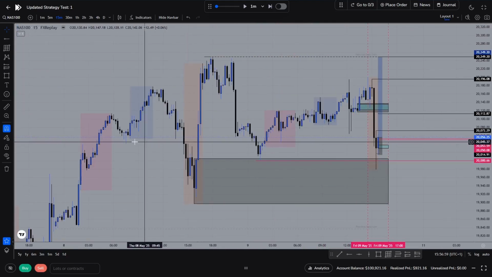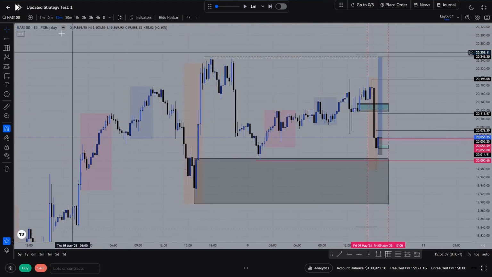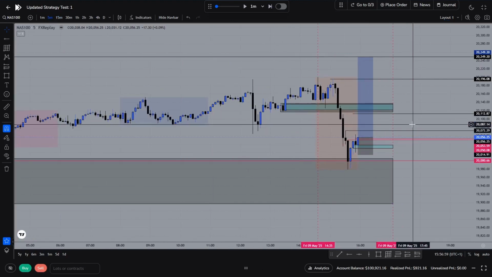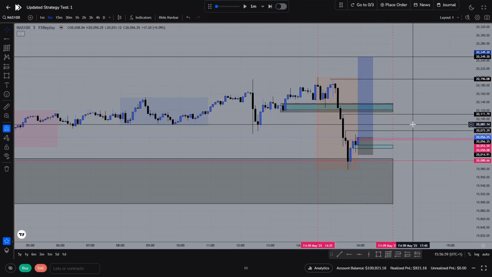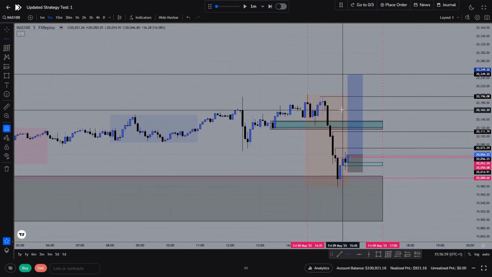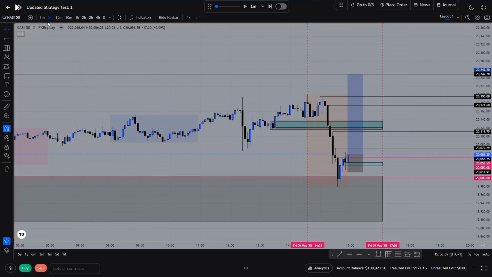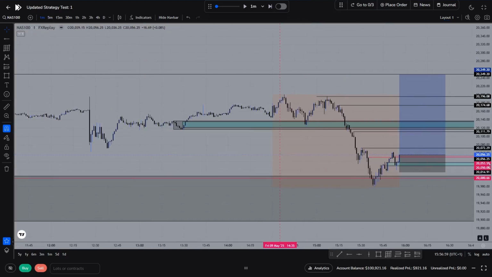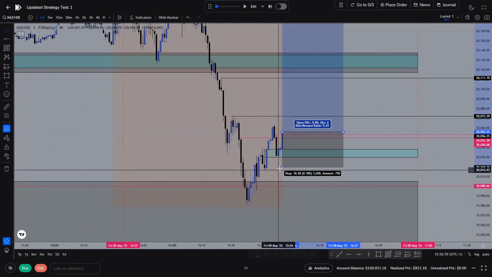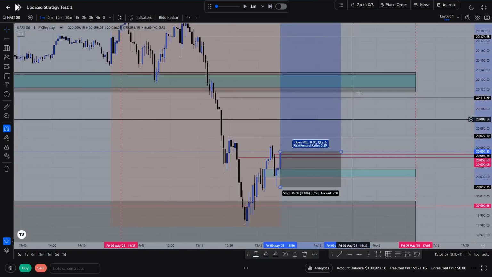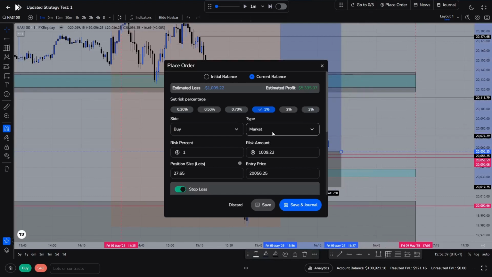The question is, are we sure it's a reversal of this? 5 minute. And there. 1 minute. I could put stops there. Base order.